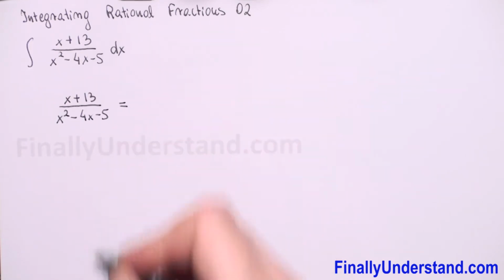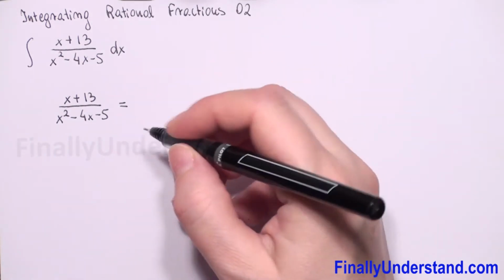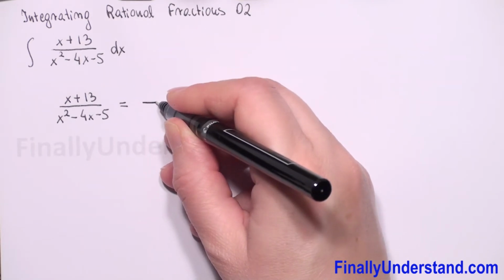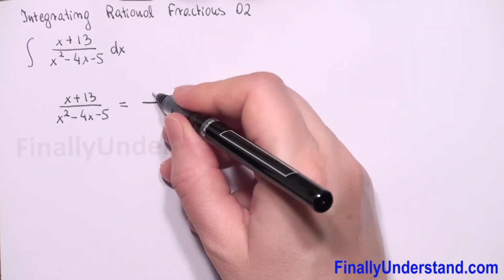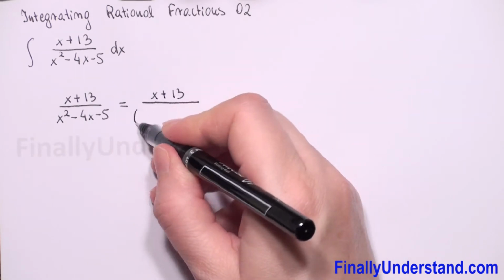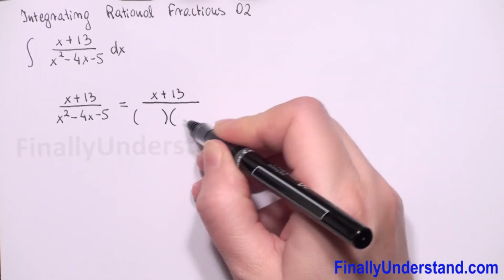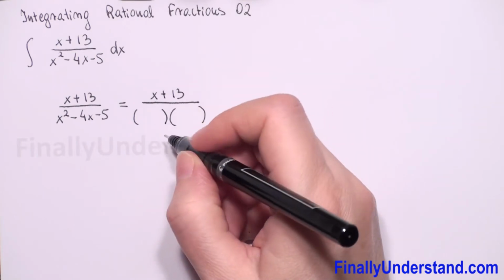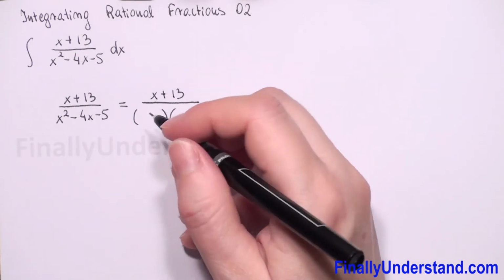We see that we can factor the denominator as a product of linear factors. In the numerator, we just copy x plus 13, and the denominator we can rewrite as a product of linear factors.